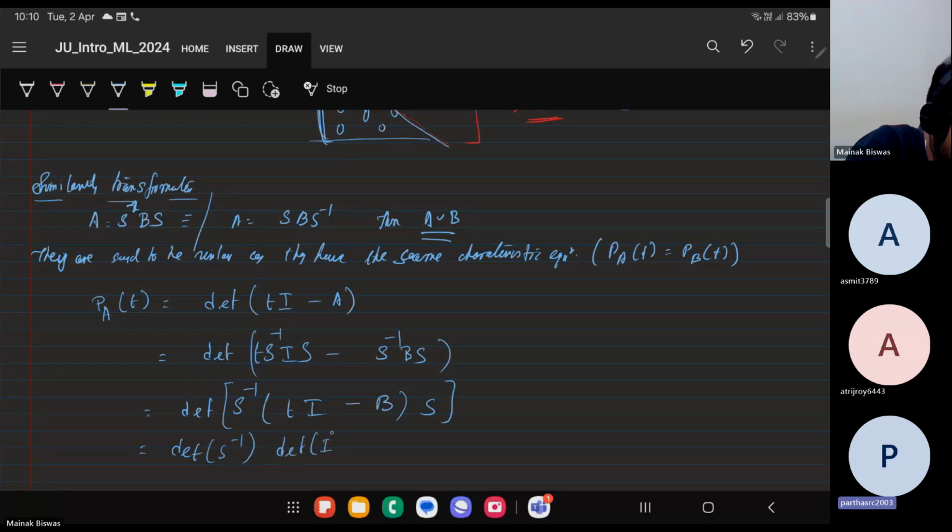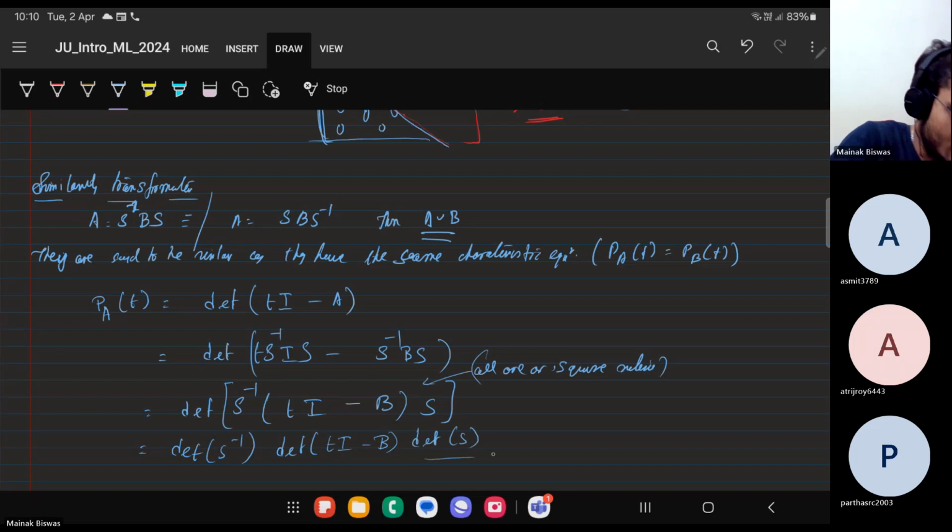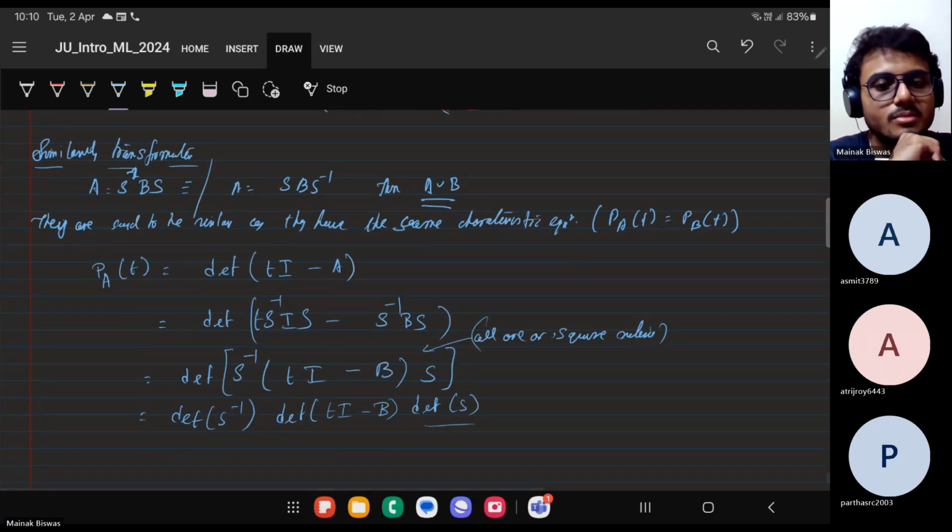It is the product of the determinants, if all are square matrices. Of course, all are square matrices. Right? Yes. This is an identity.